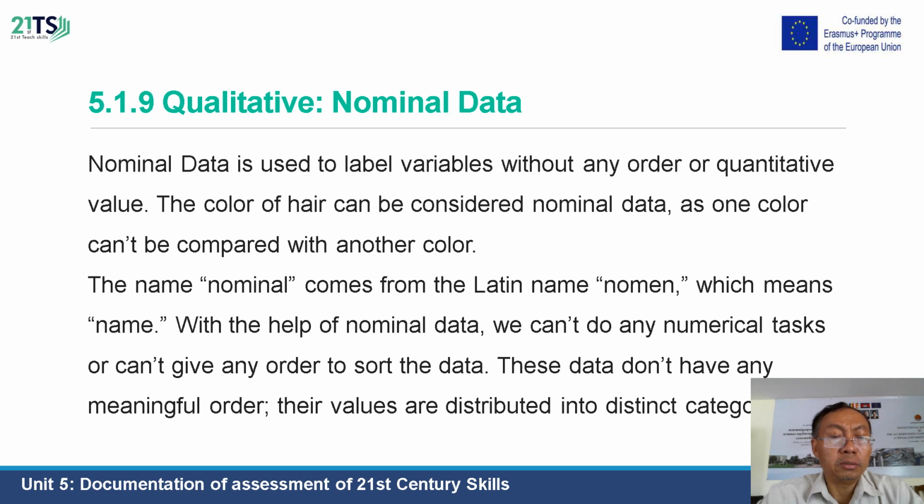The name nominal comes from the Latin word nomen, which means name. With the help of nominal data, we can't do any numerical task or give any order or sort the data. These data don't have any meaningful order. Their values are distributed into distinct categories.